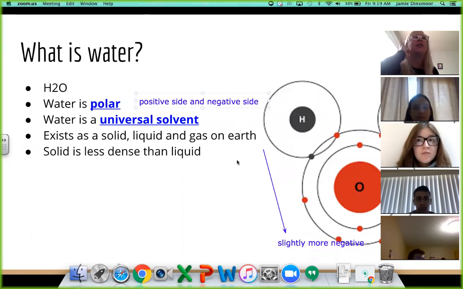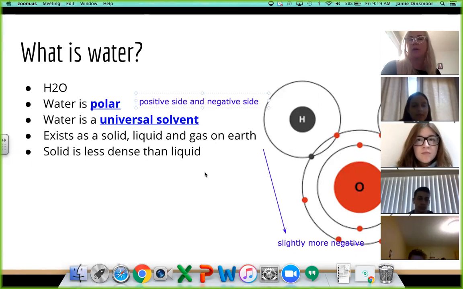In fact, on a nice, cold, icy day, which hopefully we won't have too many of those this year, you are experiencing all three phases at once. If there's ice, that's a solid. If some of the ice is melting, you have a liquid. And then there's also water vapor in the air, right? So on a winter day, you could be experiencing all three phases at the same time.